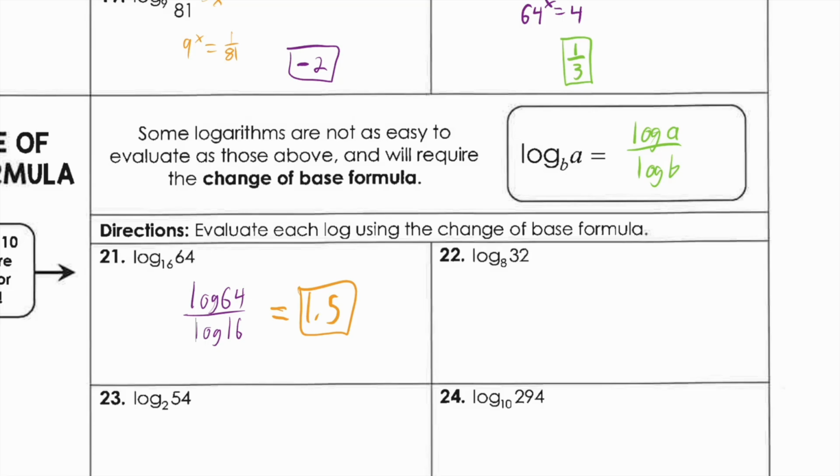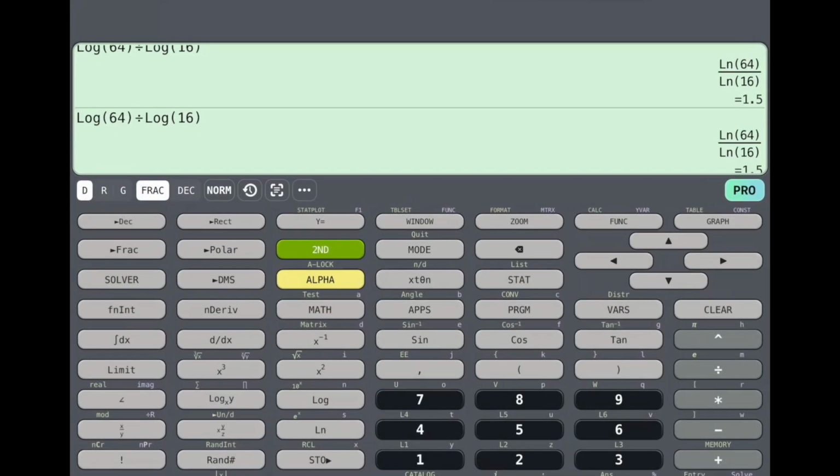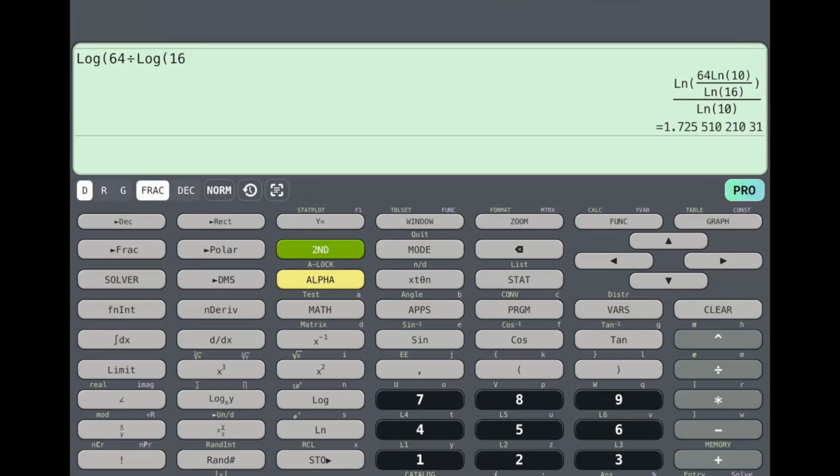Now, if I didn't put the parentheses in that problem, let's back up and see what happens. Log of 64 divided by log of 16. And I hit enter. The calculator thinks and thinks. I get a much different answer because my calculator thinks I'm doing something wildly different.